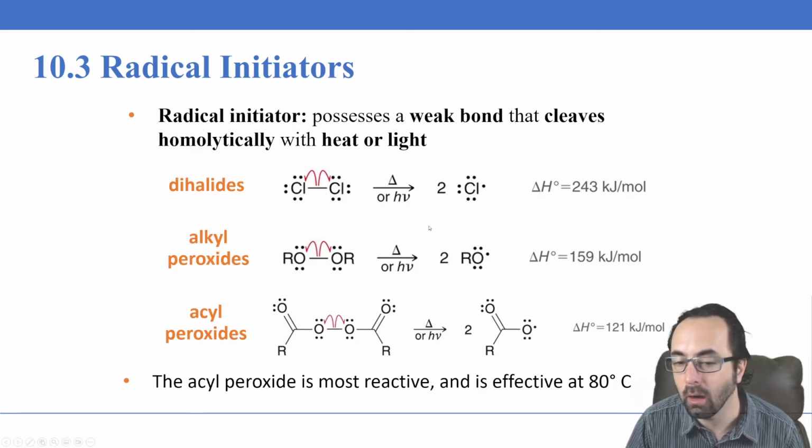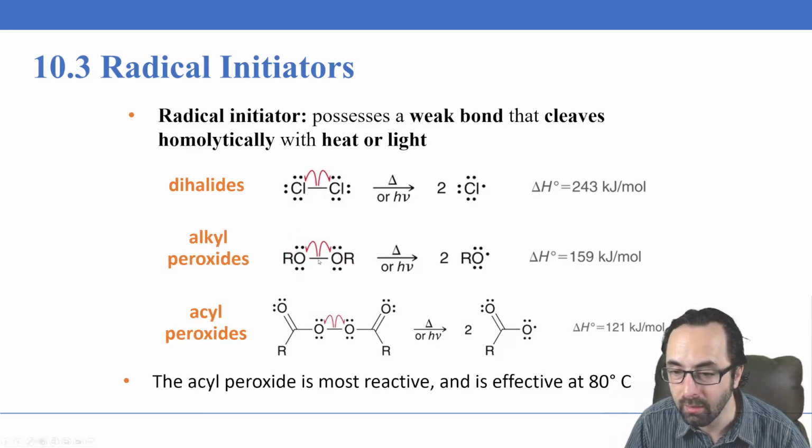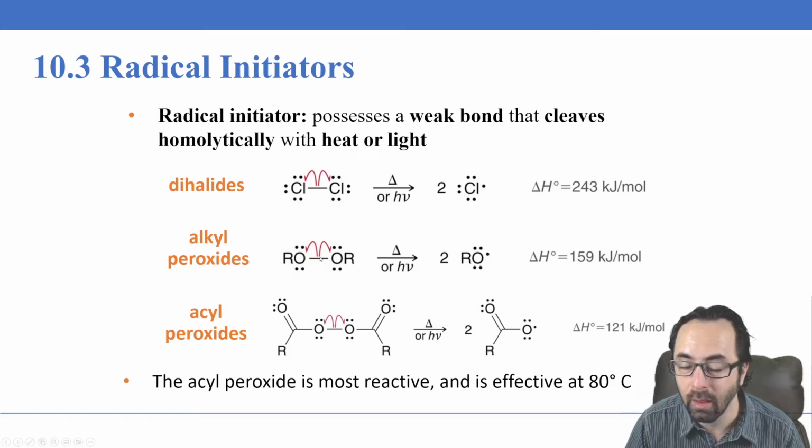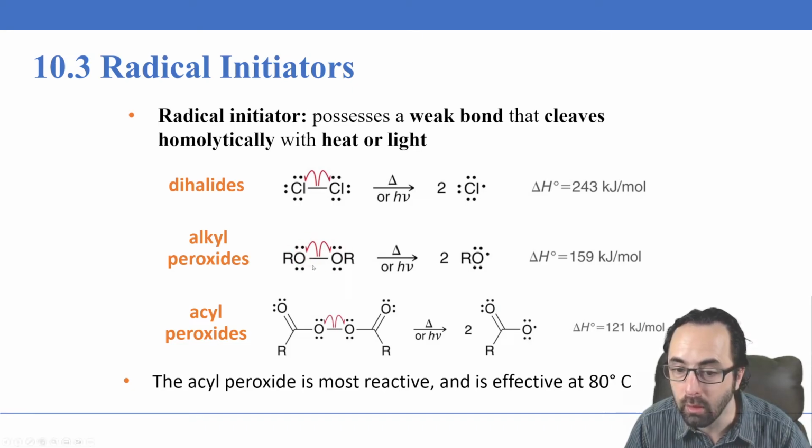Now, we've looked in the past at hydrohalogenations involving peroxides, and this led to a radical chain mechanism that produced for us an anti-Markovnikov addition with the peroxide.